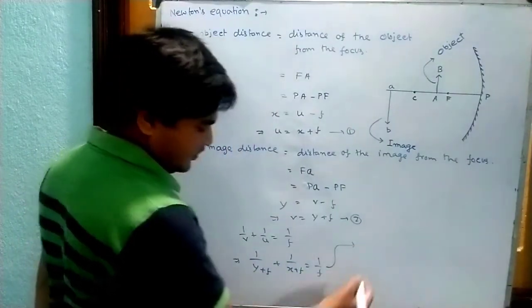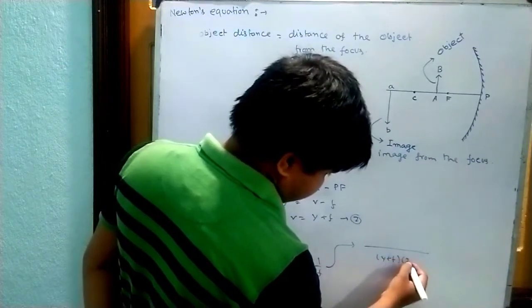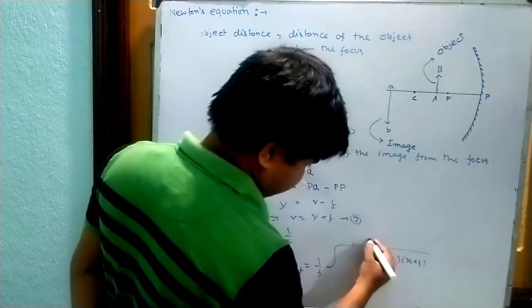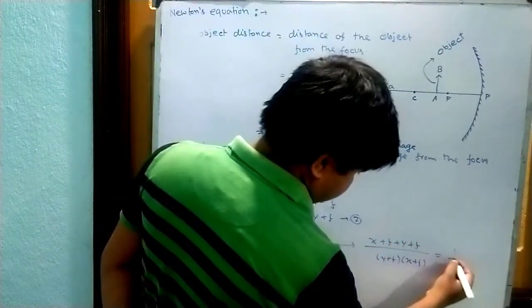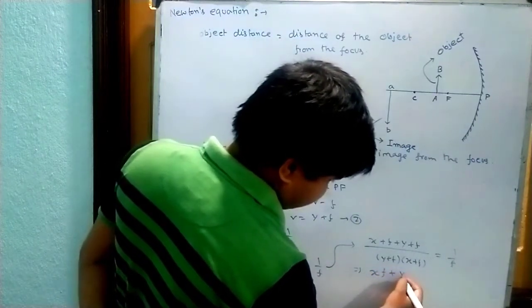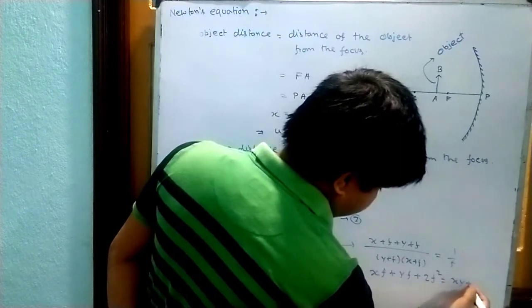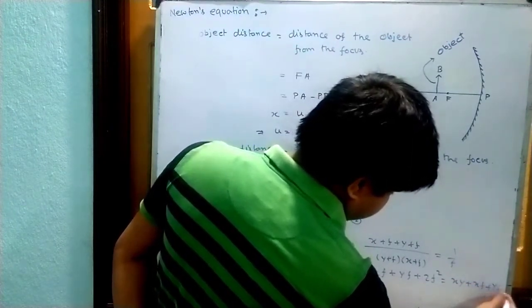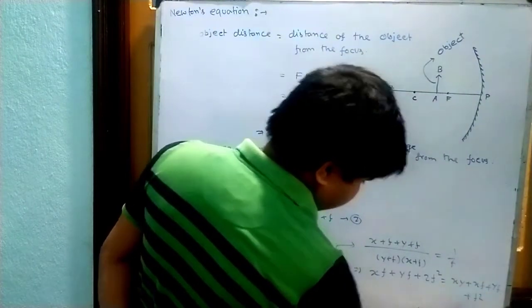So now LCM, y plus f, x plus f, x plus f plus y plus f equals to 1 by f. So cross multiplying, xf plus yf plus 2f square equals to xy plus xf plus yf plus f square.